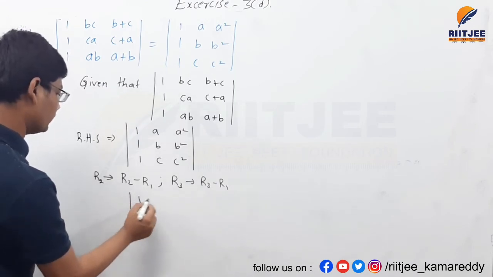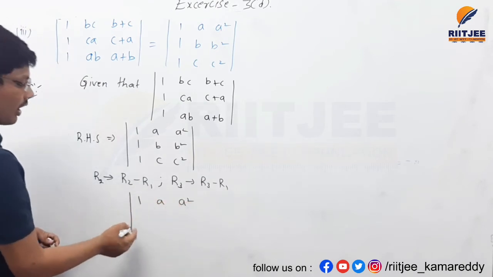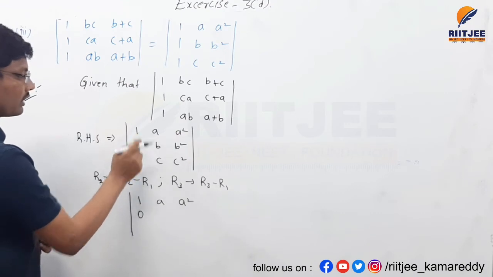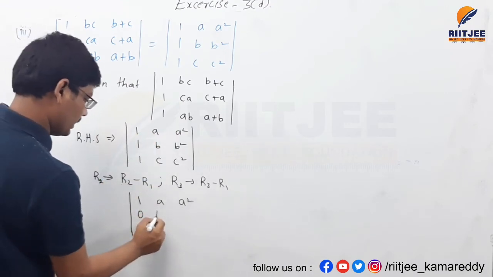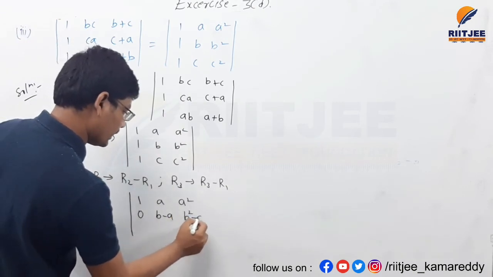1 A square, the determinant here, R1 is common for both. Next 0, R2 minus R1: 1 minus 1 is 0, B minus A, and B square minus A square.